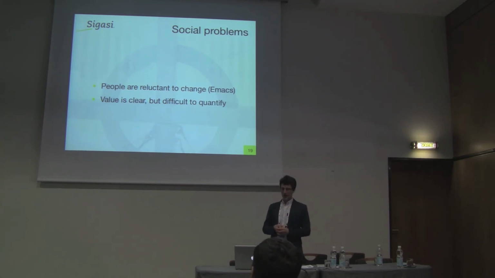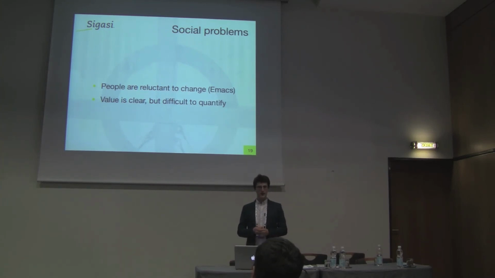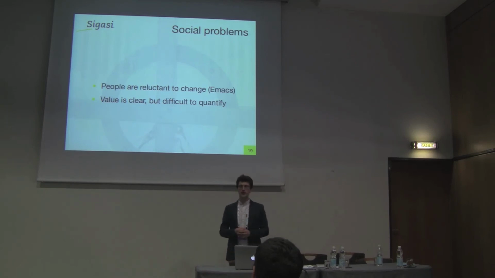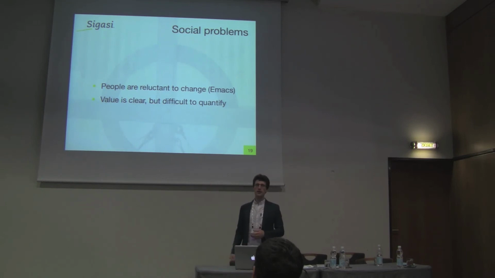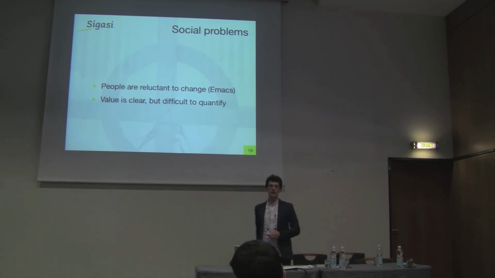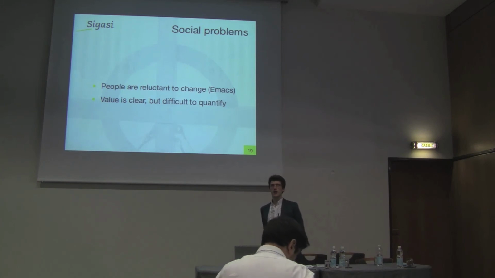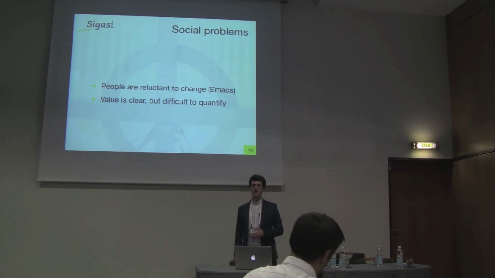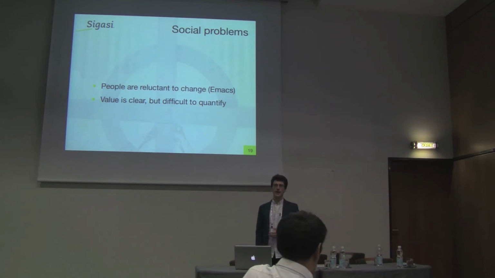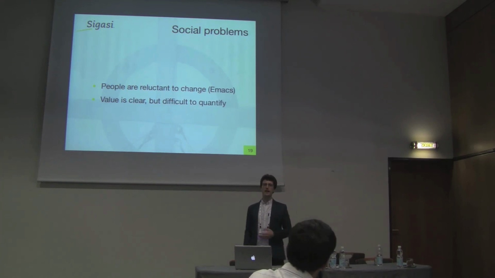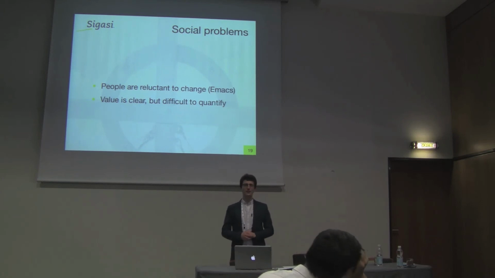And another big problem we had is that most of the people are easily convinced that a tool like Eclipse can really improve their productivity, but it's difficult to make that claim hard. So they can't just go to their manager and say, like, this will make me 2 times as efficient.